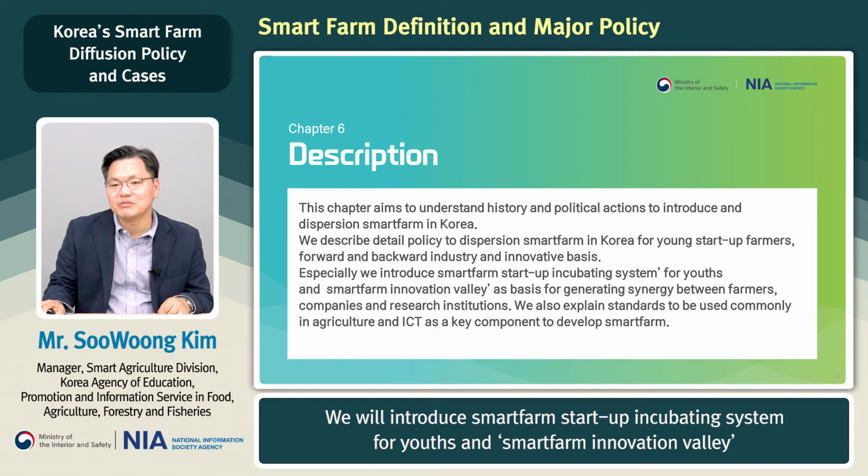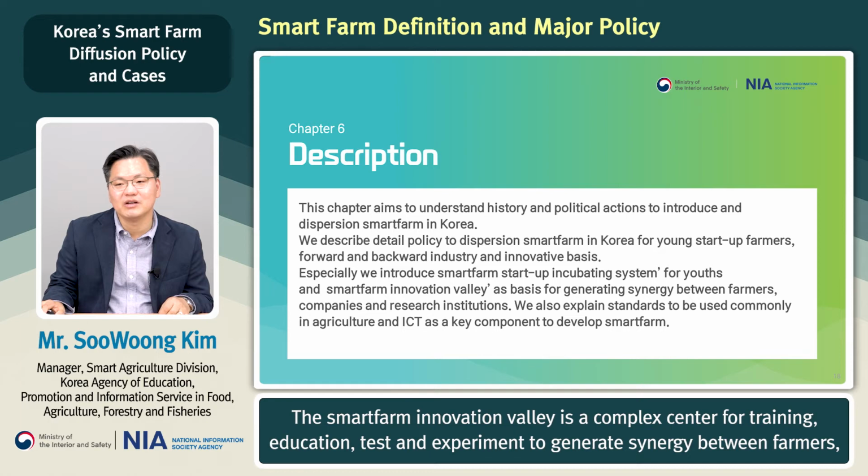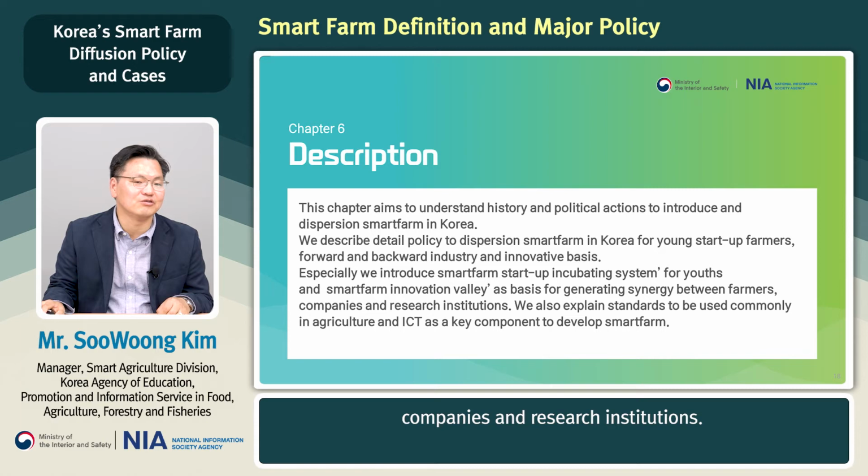We will introduce the Smart Farm Startup Incubation System for youth and the Smart Farm Innovation Valley, which is a complex center for agricultural development. The Smart Farm Innovation Valley is a complex center for training, education, test, and experiment to generate synergy between farmers, companies, and research institutions.